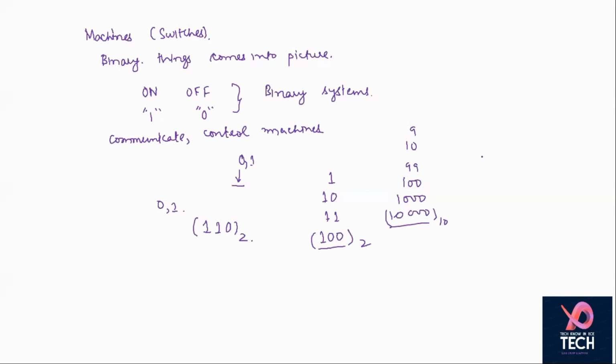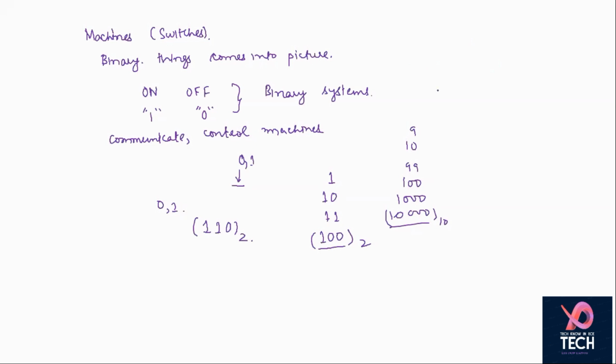Now we have discussed binary. That means it has only two values. And why do we need binary? Because we want to communicate with the machine. Also, when we talk about voltage levels, we assign certain levels.